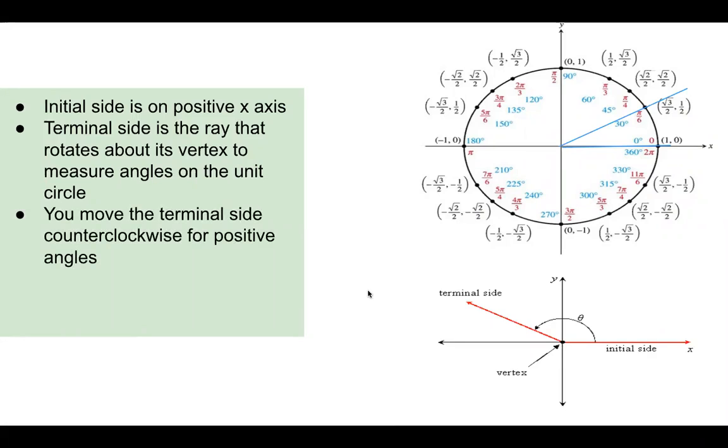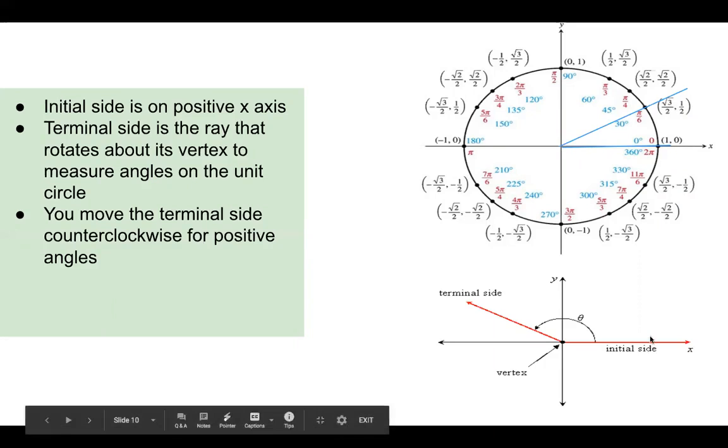Someone mentioned this on the Desmos, which was cool. They were saying that the angles on the unit circle were growing counterclockwise. That's exactly correct. That is part of the definition of the unit circle. How we create positive angles is we move the terminal side counterclockwise.